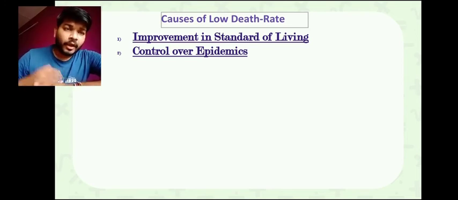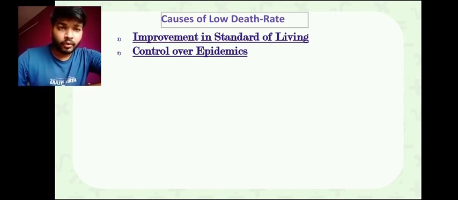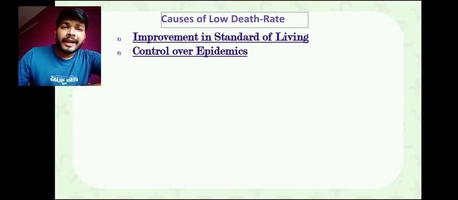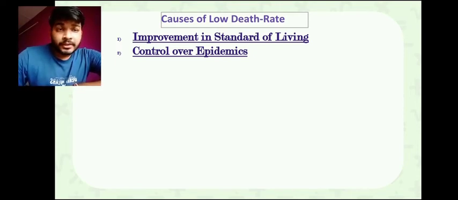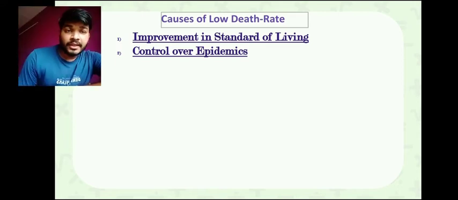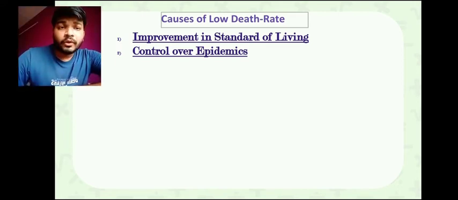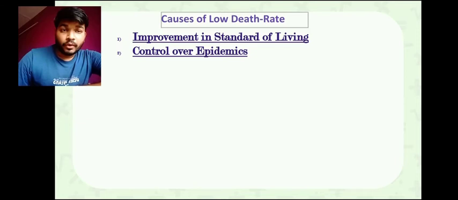Not only India but everywhere in the world we have controlled those diseases, and especially in our country we have taken control over epidemics. We are going to see which diseases came from 1901 and affected India, and as we saw in the starting trends, those diseases were being controlled.